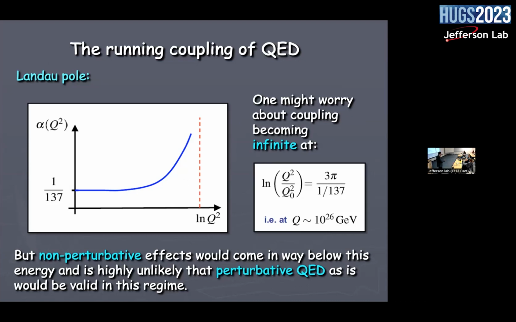Now there is something people call the Landau pole, because if you take this result literally, there will be a point where it becomes infinitely large because this diverges. The denominator, 1 minus this factor, becomes 0 at some point, and that will make alpha blow up, and that is what's called the Landau pole.